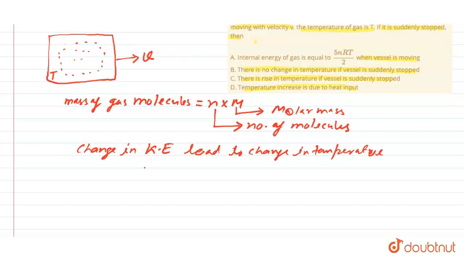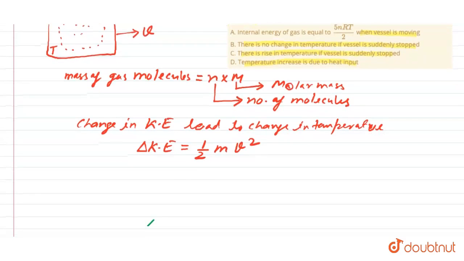So the change in the kinetic energy will be half m v square, and the m is the mass of the molar, that means this m is n m.